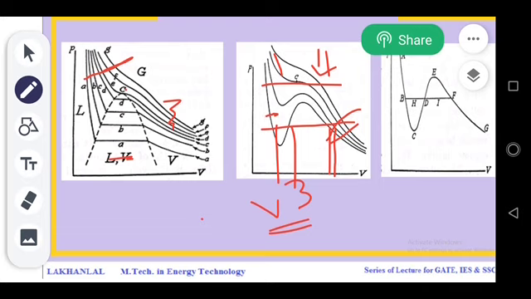So it means that at point C, the curve is changing its slope. So the point C must be a point of inflection, because the curve changes its sign here, right?